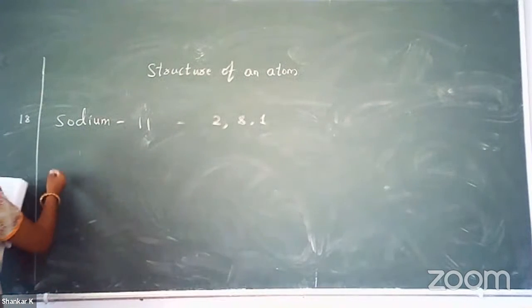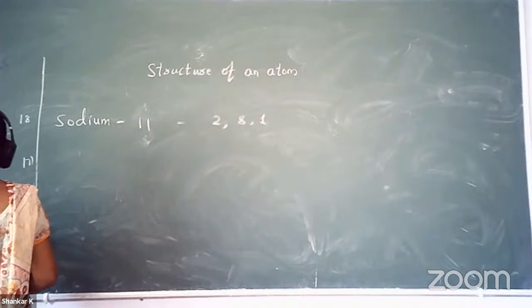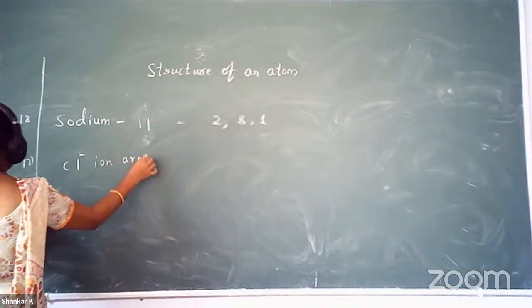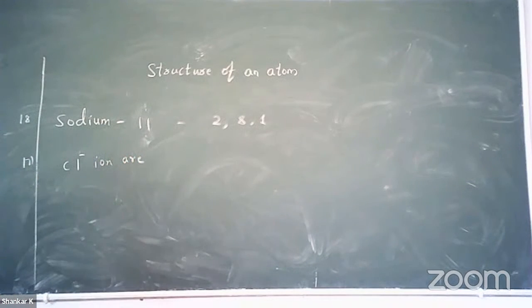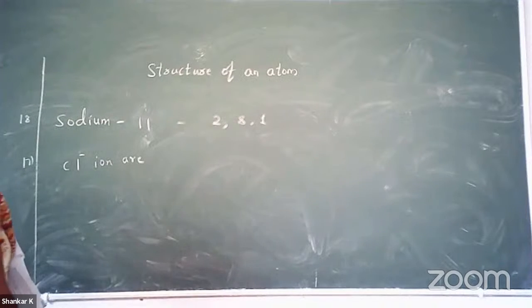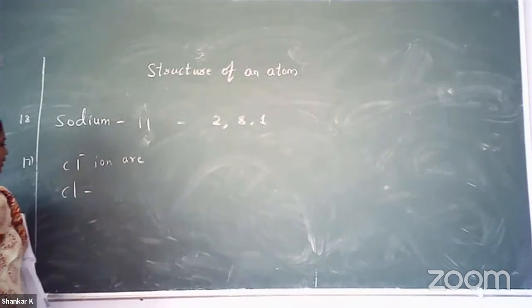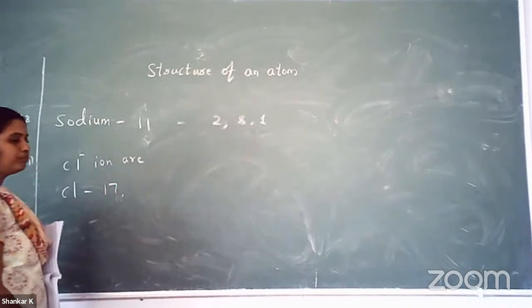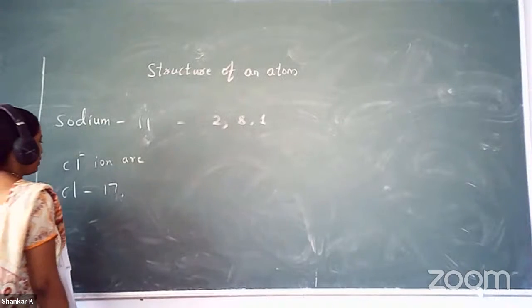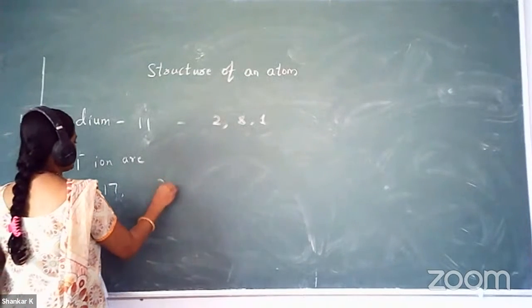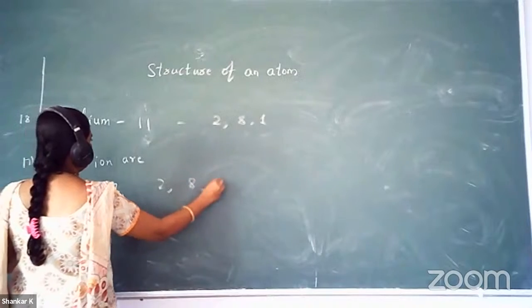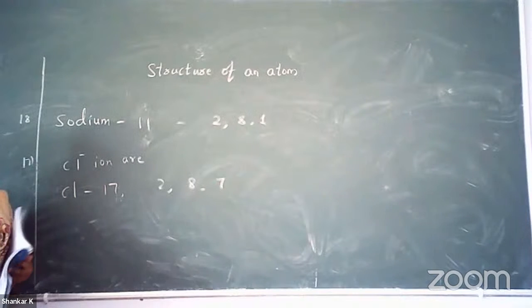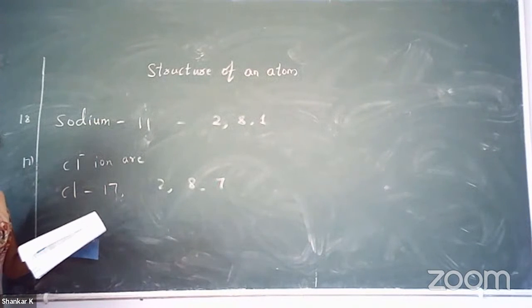Next, number 17: the number of valence electrons in the chlorine ion. So what is the chlorine atomic number, students? Ma'am, the answer is 8. 17 is chlorine. What is the electronic configuration? 2, 8, 7. What you said, that the answer is 8, correct?